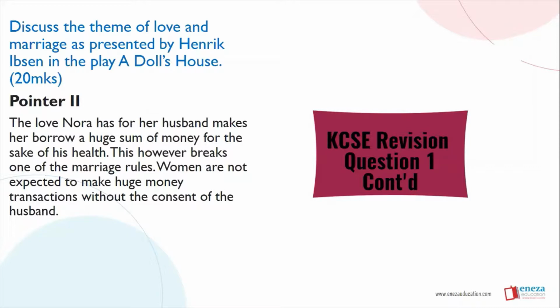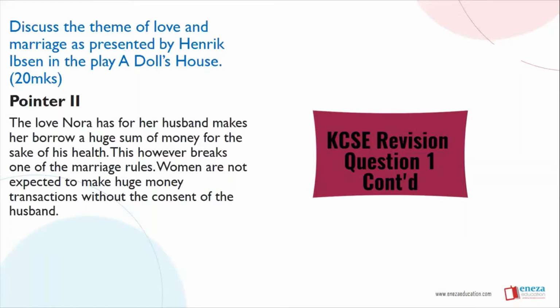This is when she decides to borrow a huge sum of money for the sake of her husband's help. She did that without anybody's consent, and in that society, women were not allowed to make transactions of money without letting their husbands know. So this is the love that is presented here.